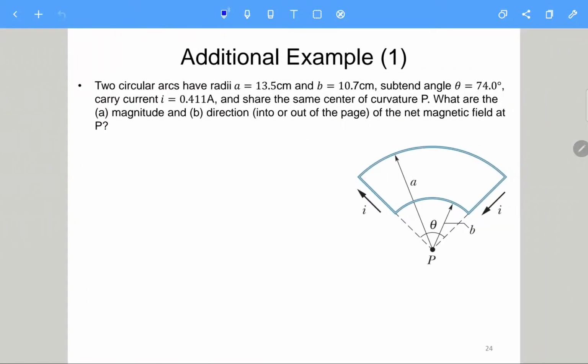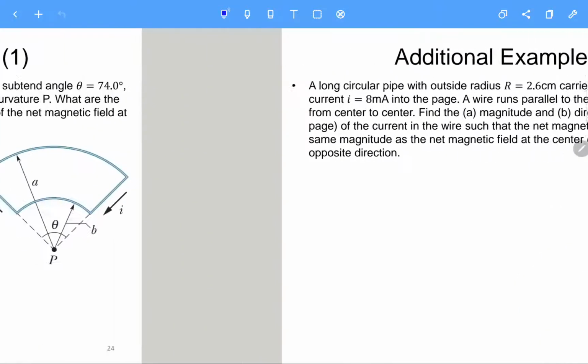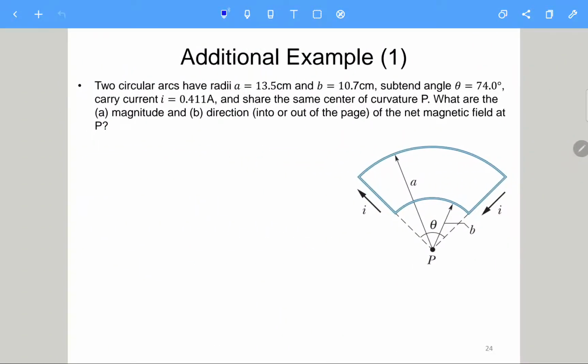Okay, so we have an additional example. Here we can see two circular arcs have radii a and b, subtend angle theta equals 74 degrees. So this theta is 74 degrees.